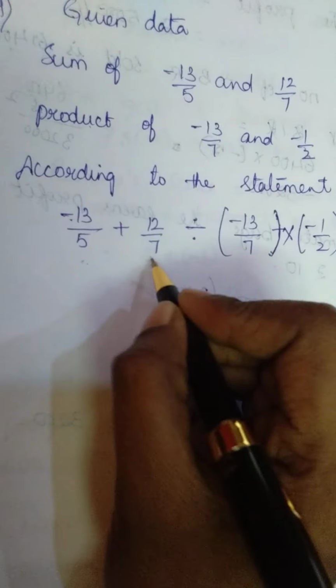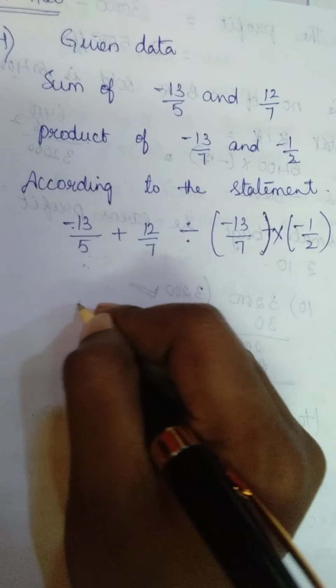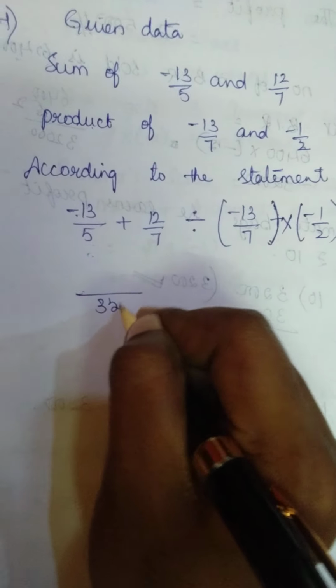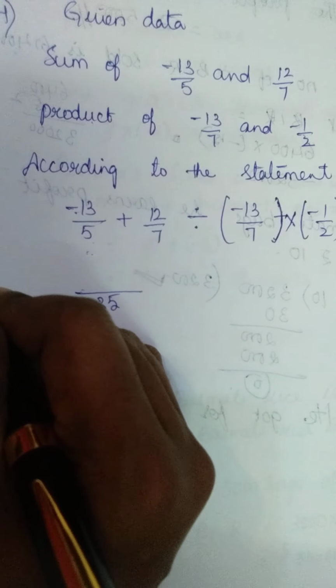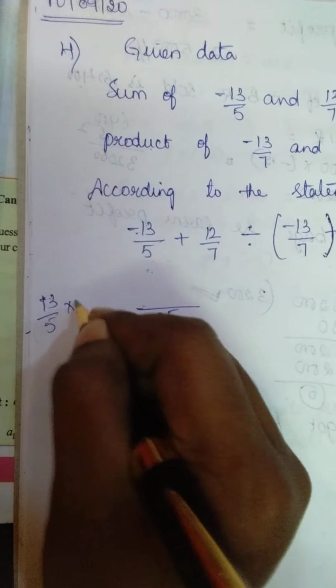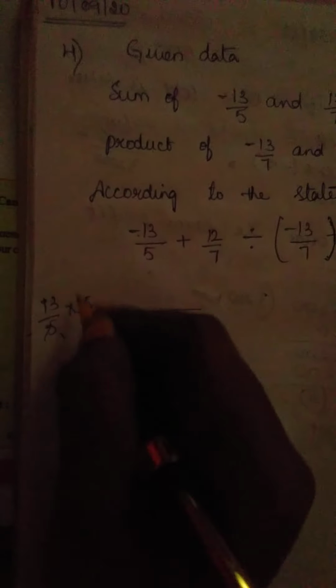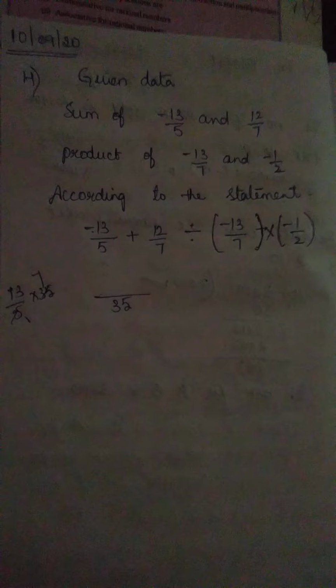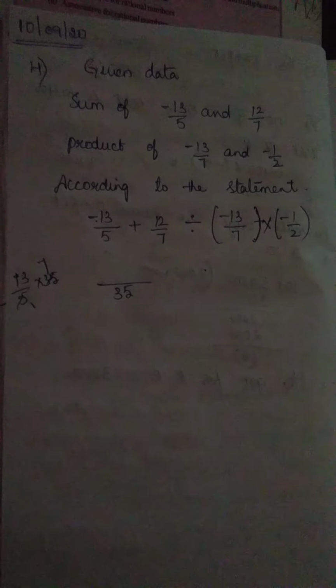Next, if you take the LCM of 5 and 7, how much will you get? 35. Here, rough work: 13 by 5 into 35. 5 ones are 5, 5 sevens are 35.